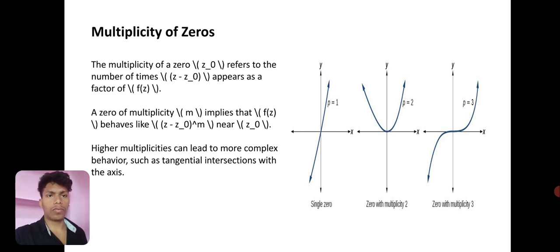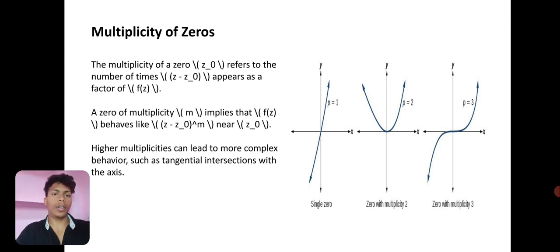Multiplicity of zeros. The multiplicity of a zero z0 of f refers to the number of times (z - z0) appears as a factor of f(z). A zero of multiplicity m implies that f(z) behaves like (z - z0)^m near z0.